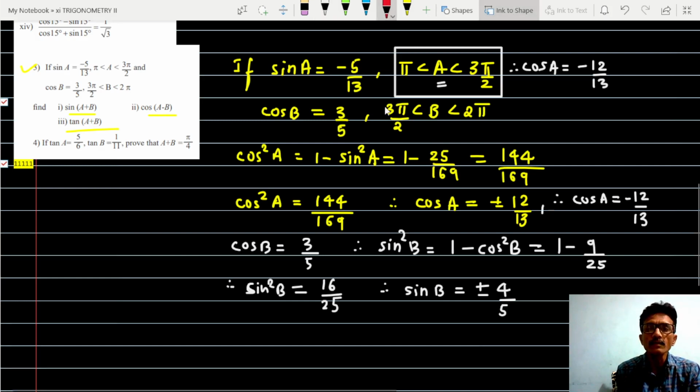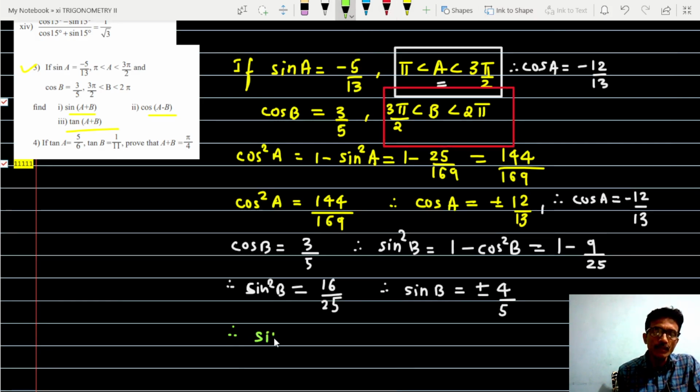B lies in the fourth quadrant. So in the fourth quadrant sin B will be what? Negative. Sin B will be negative. Therefore sin B is equal to minus 4 upon 5.